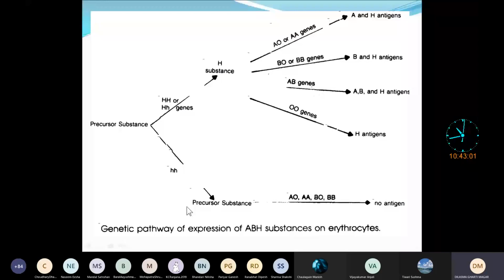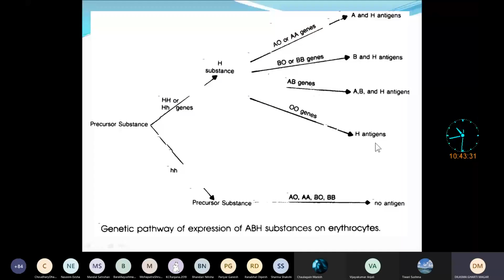So basically in this chart, I want to show you that there will be 2 types of H. One will be the dominant and another one will be the recessive. Dominant is indicated as the capital H, and the recessive is written as the small h, isn't it? The dominant one will produce the A antigen, B antigen, and then the AB antigen, or it may not produce anything and it will remain as the H antigen.